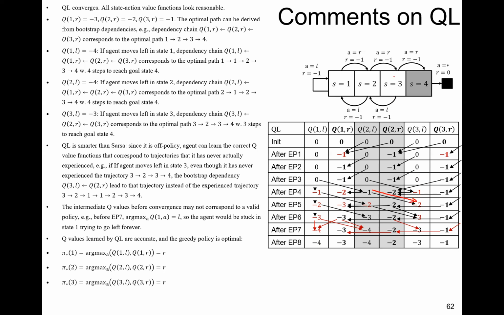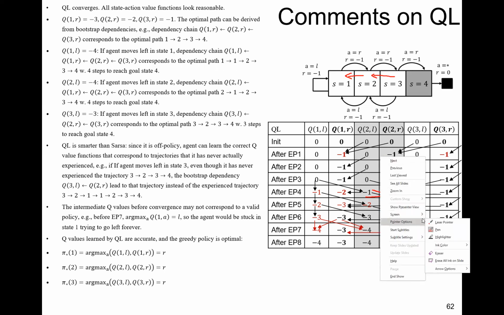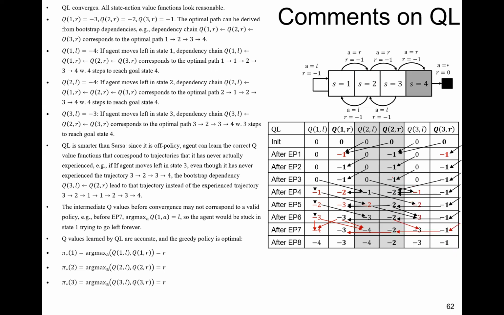It bootstraps off of Q2 left because it doesn't have enough experience. So it thinks Q2 left is perhaps better than Q2 right based on the Q values of episode 3.